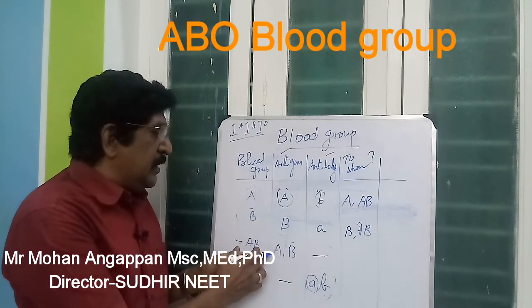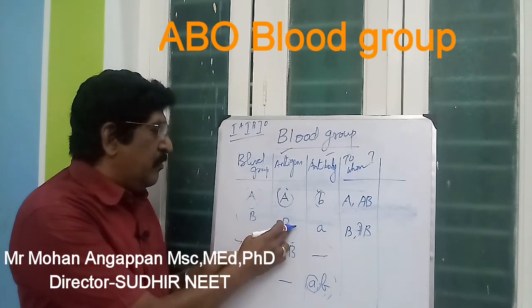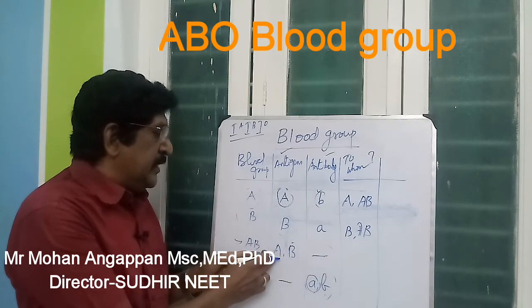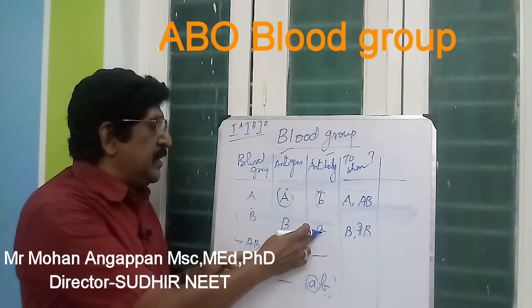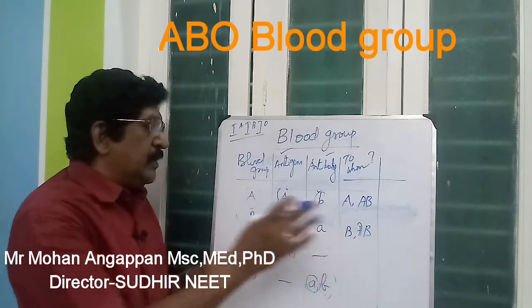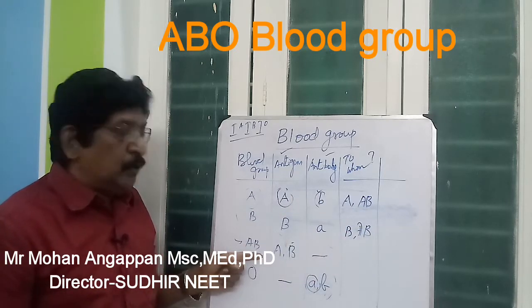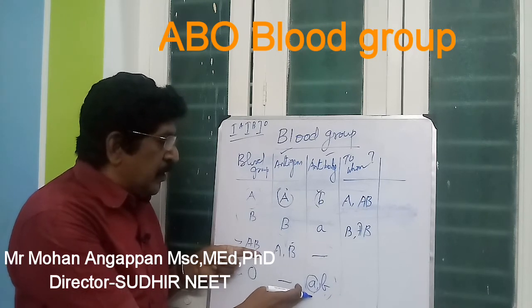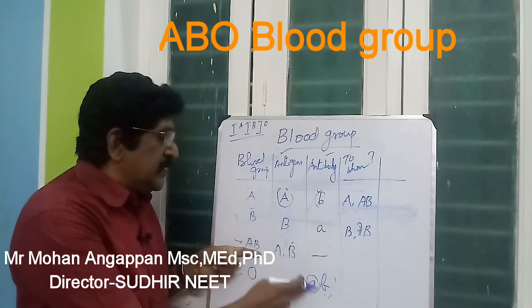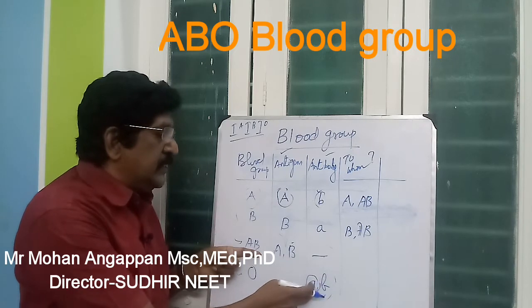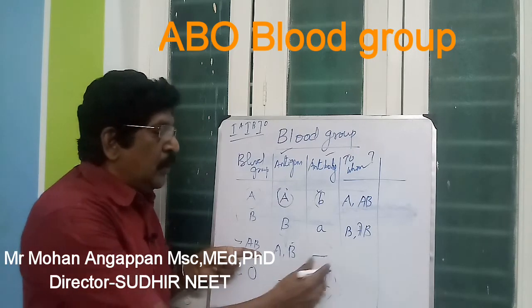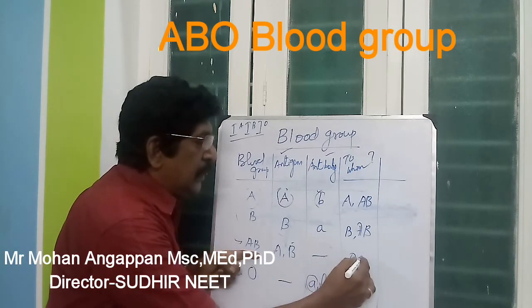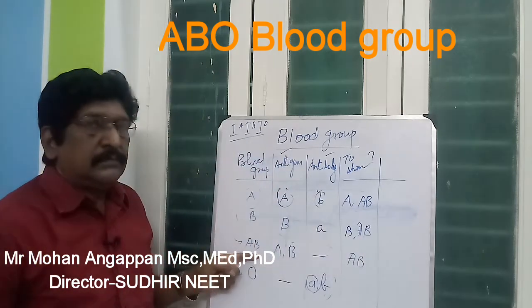If AB is given blood to B group, what happens? The A antigen in AB will coagulate with the A antibody of the B, so it cannot give to B group. It cannot donate blood to O group because both the AB antigens will coagulate with the antibodies AB here in O. So it can donate blood to only AB.